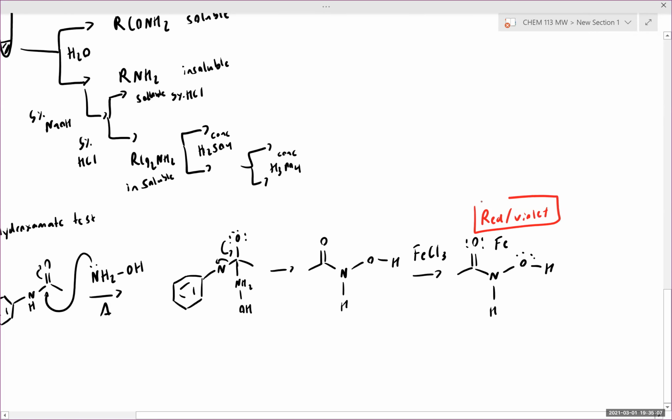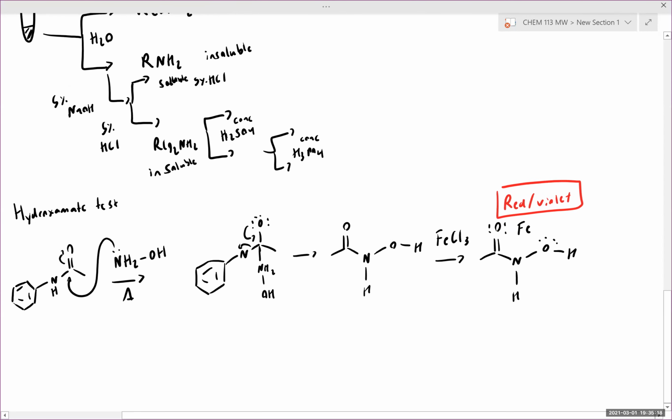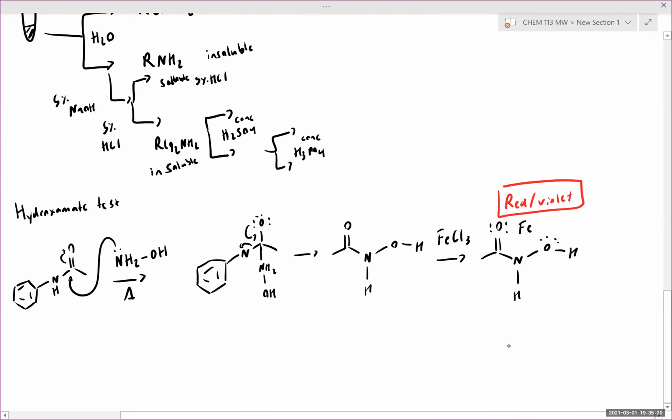And this color change after reaction with hydroxylamine and treatment with iron(III) chloride gives us a positive chemical test for an amide functional group. Does everyone understand the hydroxamate test?